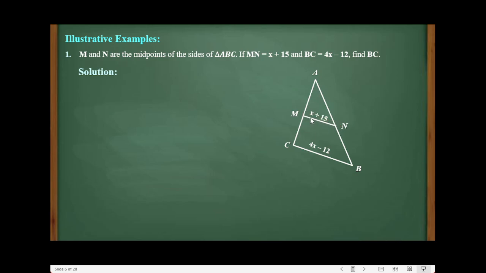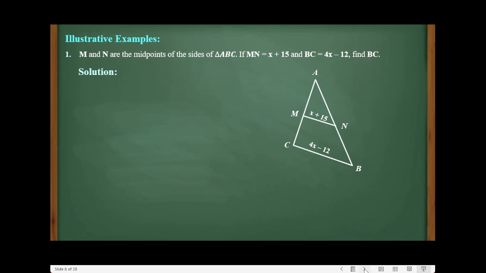According to the given, the length of this segment is x plus 15. And the length of segment BC, the third side of triangle ABC, is 4x minus 12. So again, how can we find the length of segment BC?